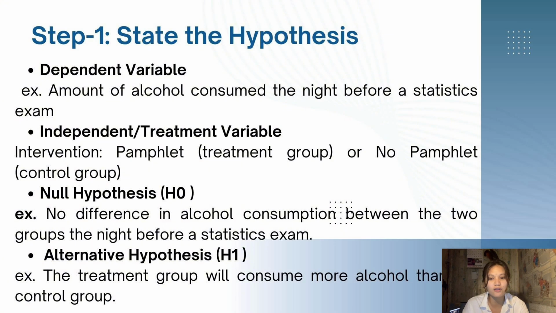So the null hypothesis would state that there is no difference in alcohol consumption between students who received the pamphlet or those who didn't. On the other hand, the alternative hypothesis suggests that there is a difference, perhaps that the pamphlet had an effect causing the treatment group to consume more or less alcohol than the control group.